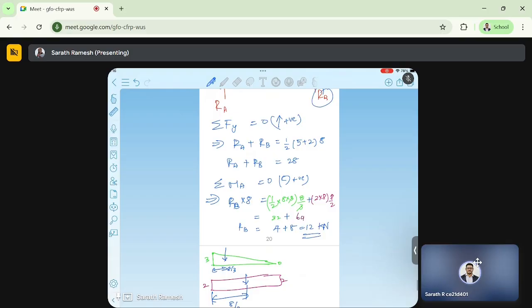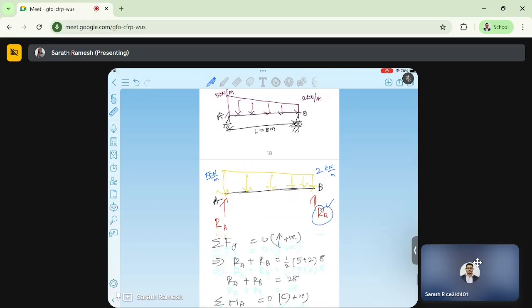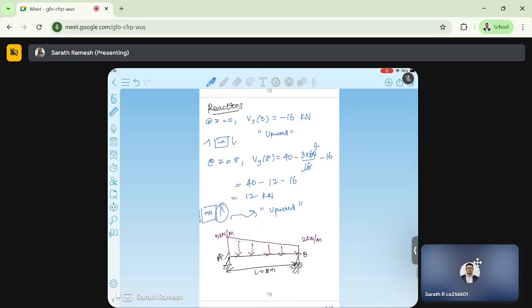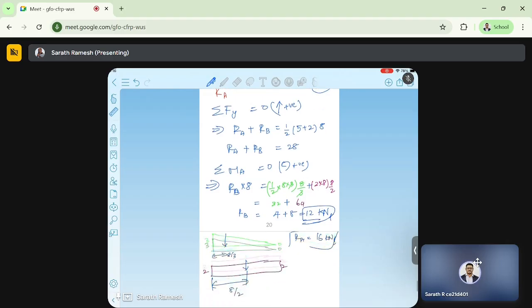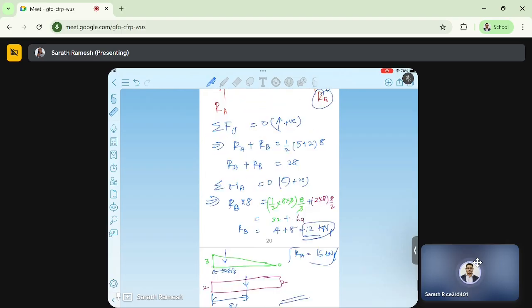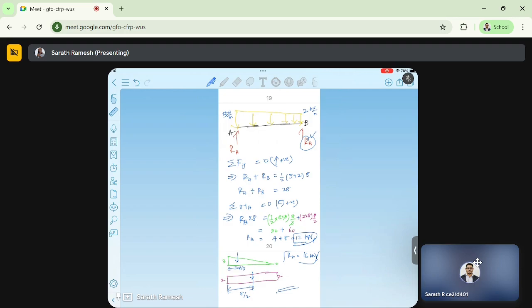And so using the equation here, RA plus RB equal to 28, so RA will be 16. Same answer that we got before. Both are upwards. Here also we got the same, no? 16 and 12. 16 and 12. Correct.